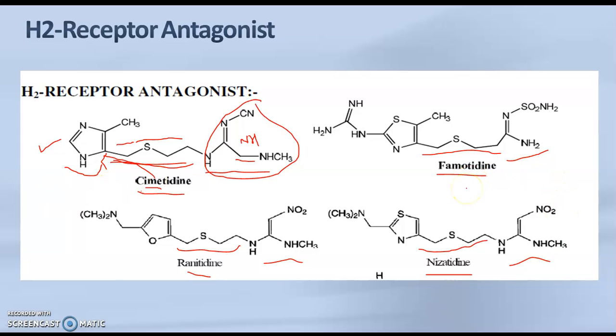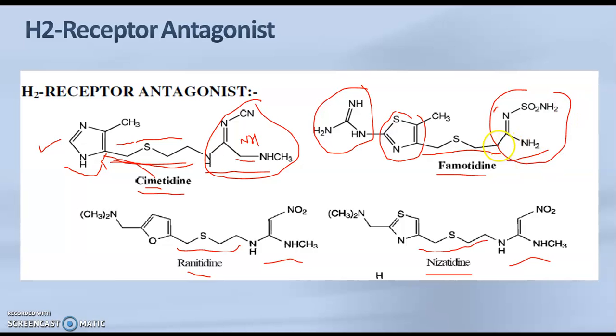Talking about famotidine, this 'famo' is not giving any hint about the structure, but you have to remember this is a thiazole ring, and the thiazole ring contains a guanidine group. This is a pure guanidine, you can say. And at the terminal tail portion you'll find a sulfonamidoguanidine.